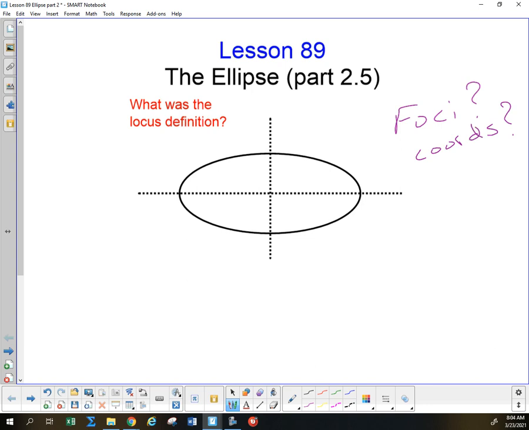So as we get ready to think about what is going on with that, I want us to remember the locus definition that we already learned. We learned that an ellipse has 2 points that are always inside the ellipse, and they are always on the major or longer one of the 2 axes.